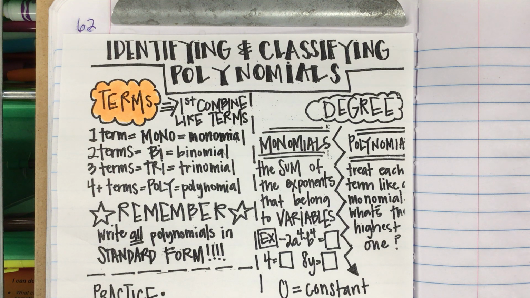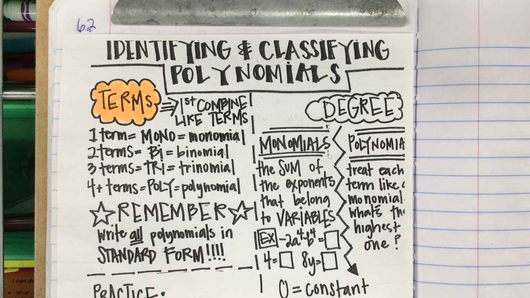Now here's the kind of hard part that you have to be okay with. A monomial is always a monomial. Mono means one, it's by itself, you're done. We in this class will call a binomial, a trinomial, and polynomial. However, you have to be okay with the fact that poly means what?